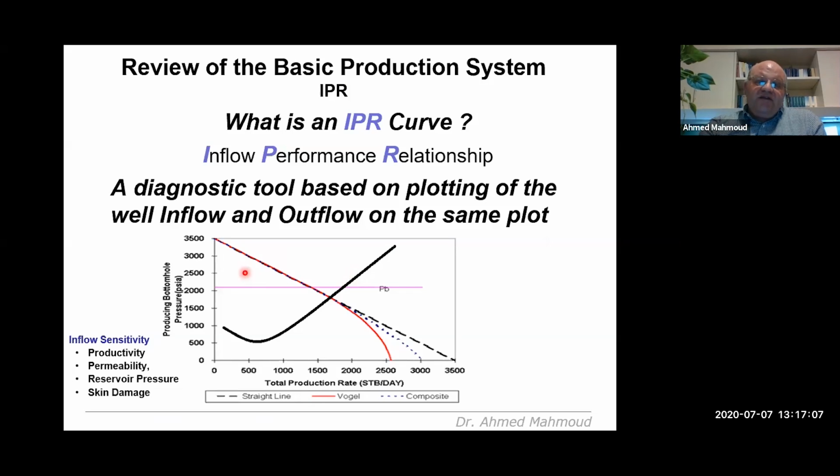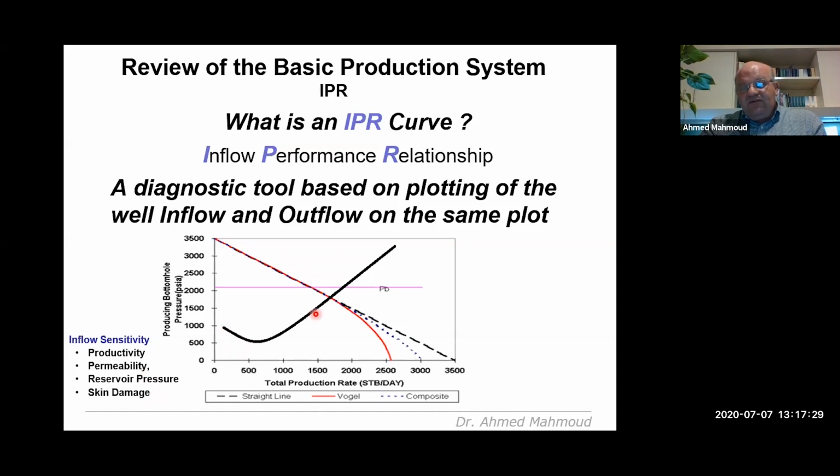If we go into the inflow, the inflow is actually referring to anything that's coming in from the reservoir across what I previously mentioned as the first bridge. So anything coming in from the reservoir into the wellbore is affected by productivity, by permeability, by reservoir pressure and skin damage.